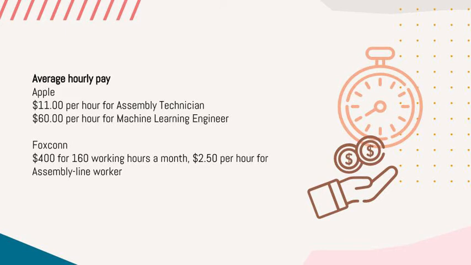Foxconn assembly line workers make as much as $400 a month, based on location and passing a probationary period. And that's for 160 working hours a month. So the hourly pay is about $2.50. This shows a huge difference between the two companies. And now I give the floor to Anastasia.